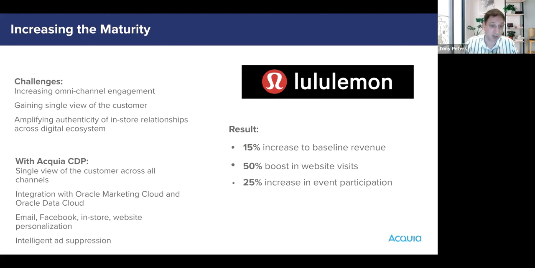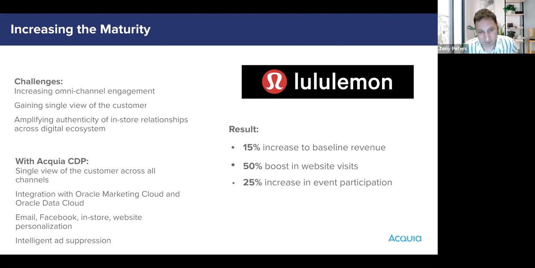They had integrations with things like Oracle, different technologies they were able to bring in. We understand that not everything is run by Acquia all of the time. We do play nicely with other technologies as well. They were able to work with things like email, Facebook, in-store, website personalization, all of these output channels, and intelligent ad suppression.